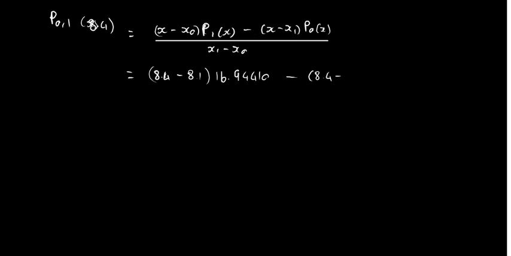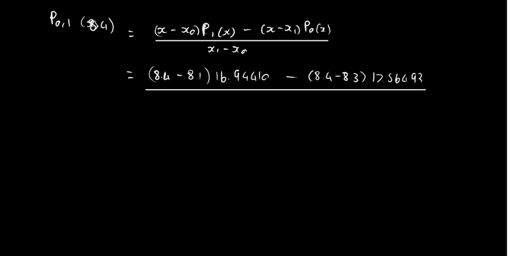X1 is 8.3. Then that over there is going to be 17.56492, over 8.3 minus 8.1, right? We're going to have that over there. Am I doing the right thing? Hopefully I am.